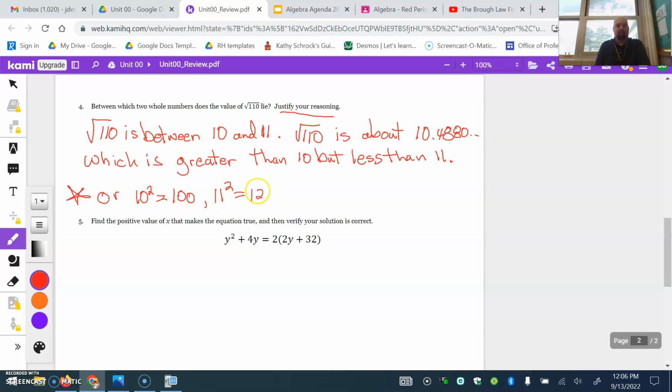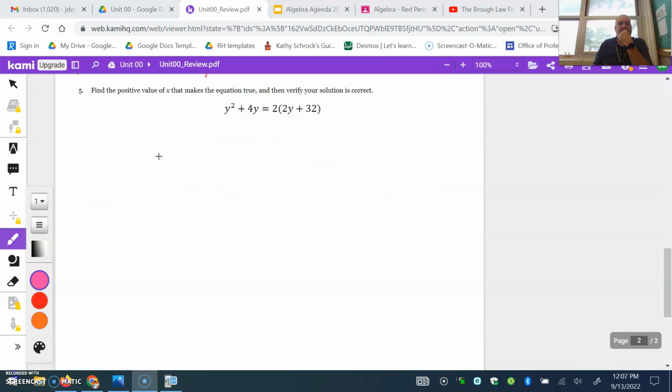And that this number 110 here, because the square root of 121 is 11, that 110 is in between 100 and 121. Okay, I'm using an inequality here to show it. All right, that's it for question 4. I'm going to pause the recording and meet you at question 5.